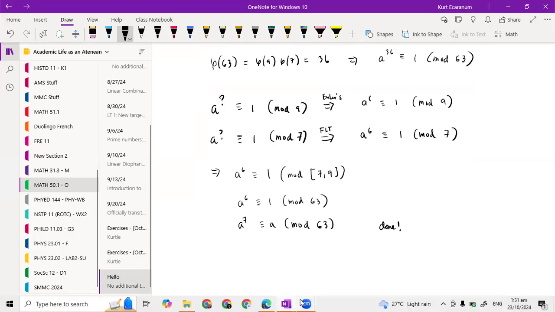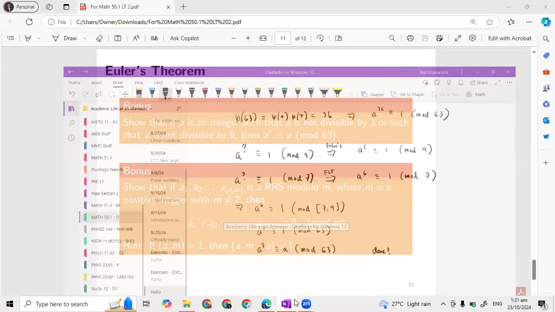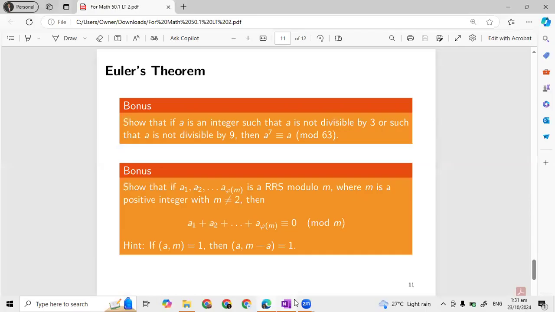We have the last two problems actually. Here is the second to the last. Show that if a sub 1, a sub 2, up to a sub phi of m is a reduced residue system modulo m, where m is a positive integer not equal to 2, then the sum of those reduced residues is 0 mod m.